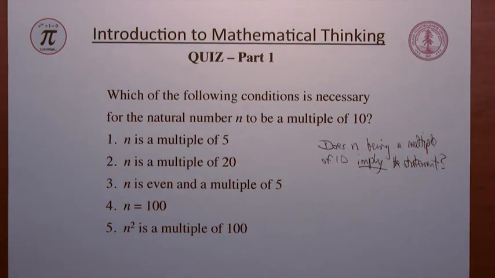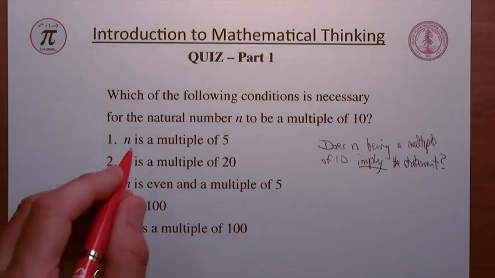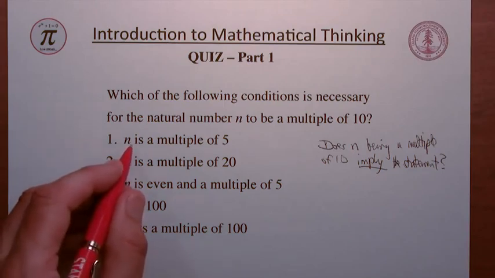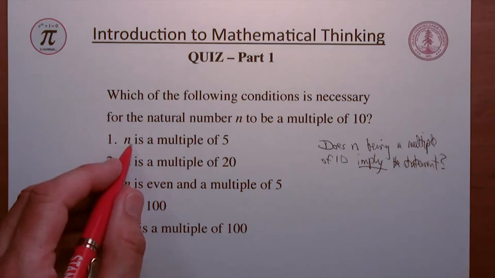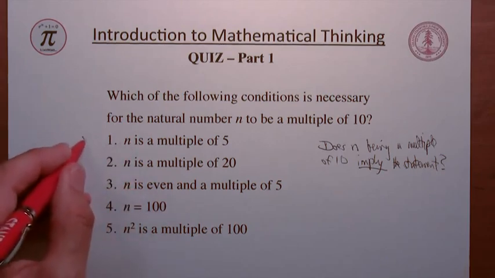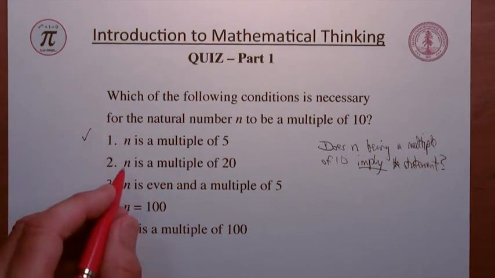To be necessary, n being a multiple of 10 has to imply the statement. Well, let's see. Does n being a multiple of 10 imply that it's a multiple of 5? Yes, it does. So that one's necessary.